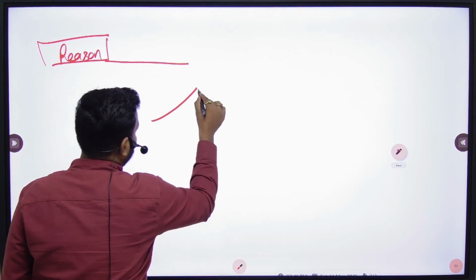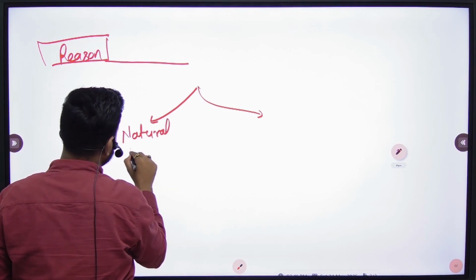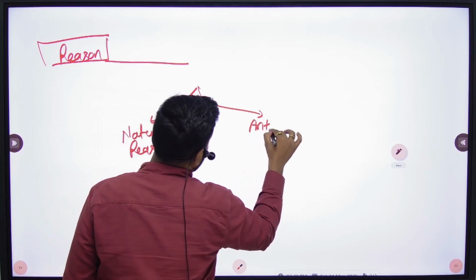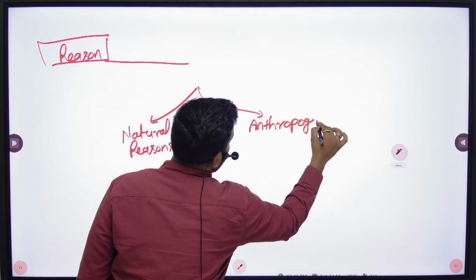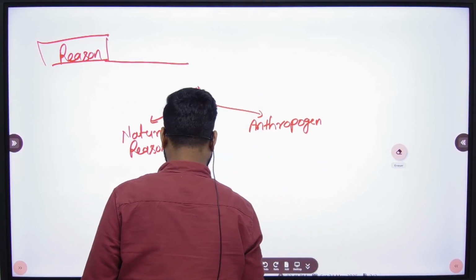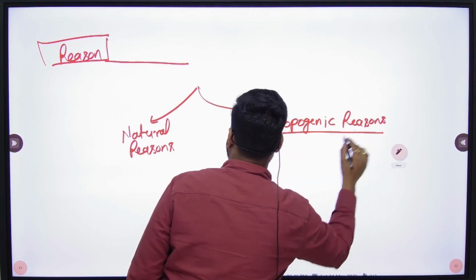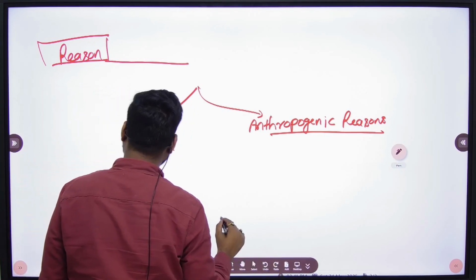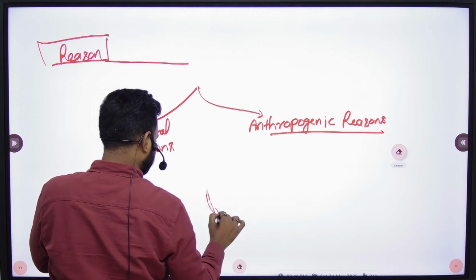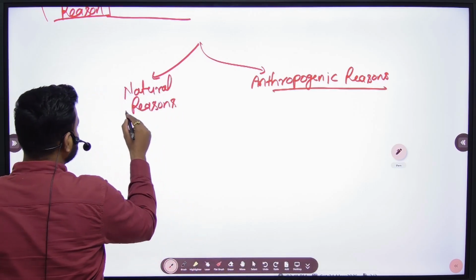One is natural reasons, and the second one is anthropogenic reasons. Under natural reasons, we can also categorize the deserts into two parts. Firstly, now we are going to discuss hot deserts.